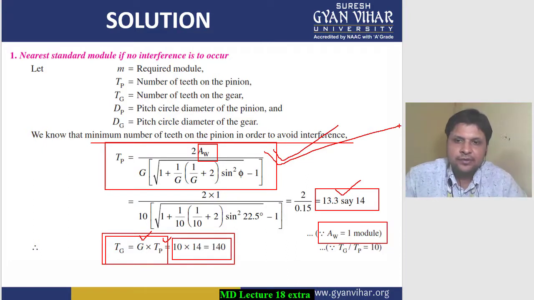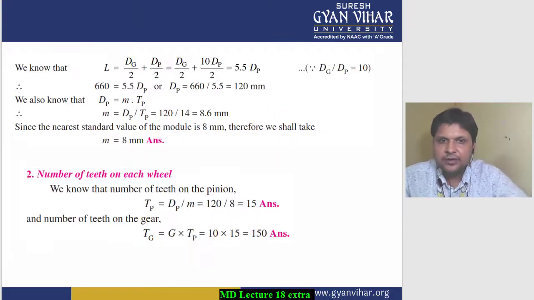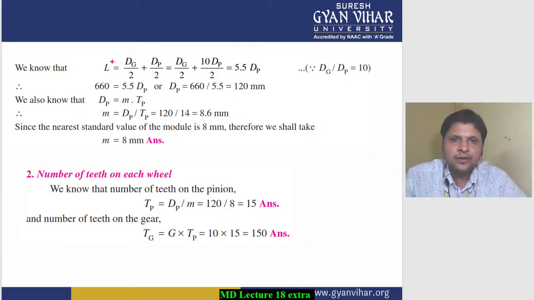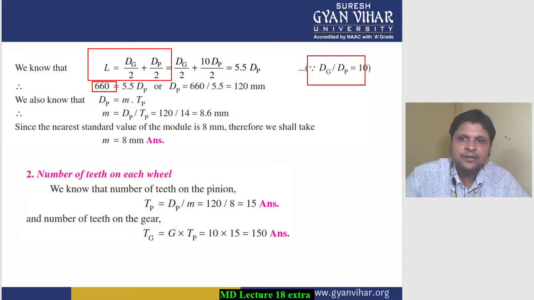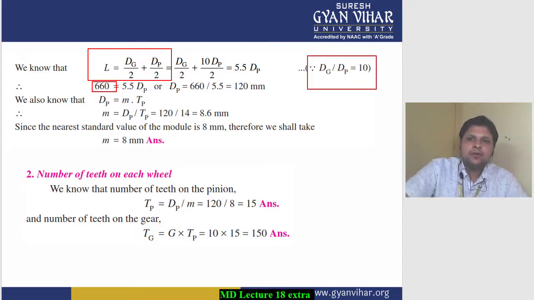Moving further, students, in the question they have given you the value of dg plus dp by 2, and that is L, given as 660. dg is not known to you, dp is not known to you. How will you calculate? The ratio dg by dp is given in the question itself as 10.